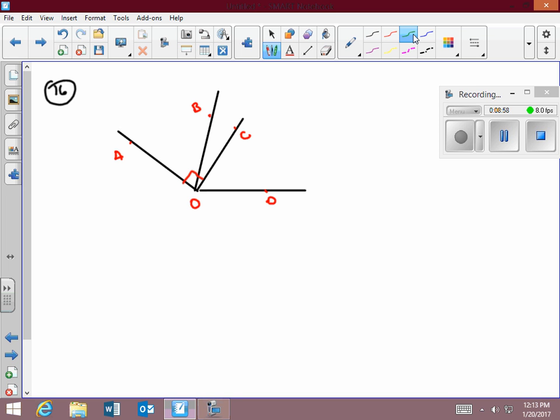So the measure here is 150. And then they're saying BOD, this one right here, is 72. And then they want the measure of angle AOB.